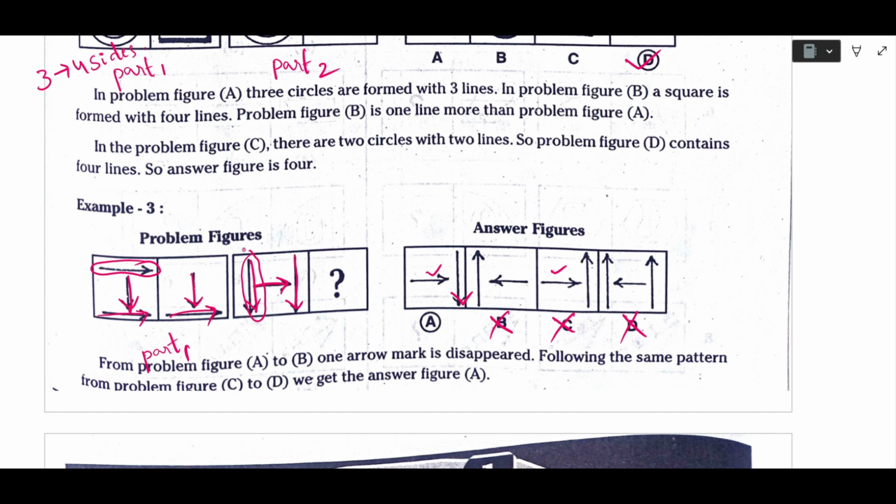So this arrow got erased and we are left with option number A. So we will be selecting A as our correct answer. This is how we have to check with the analogy. We have to select the first pair and we have to see what are the changes happening in the first pair, and after knowing that we have to apply the same changes in the next pair.